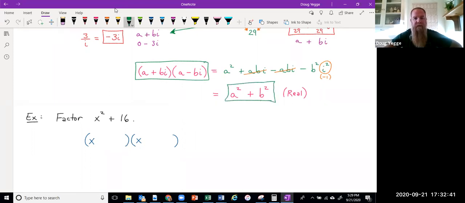So what that means is that this actually factors into x plus 4i and x minus 4i. So that's an interesting consequence of this process of multiplying a complex number by its conjugate.